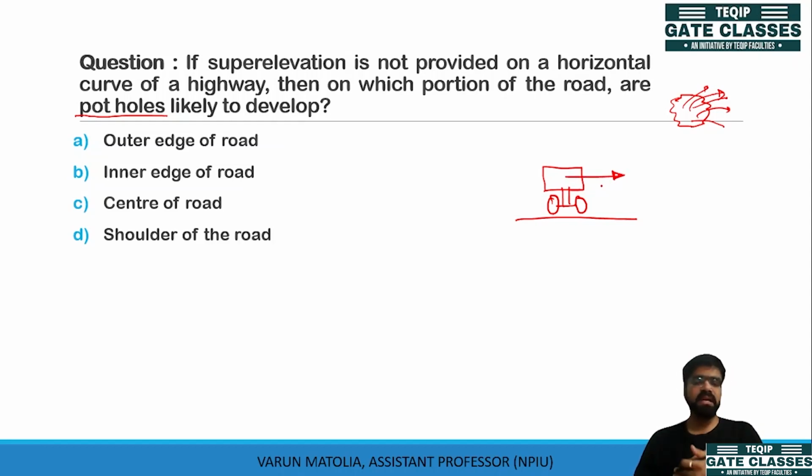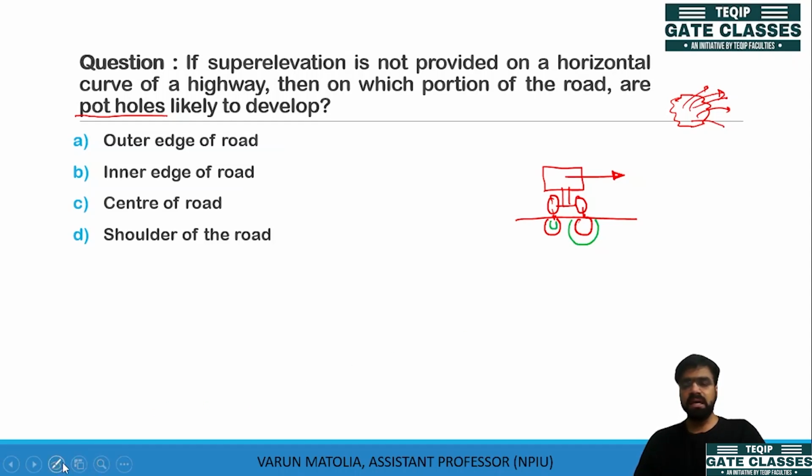As the radius is decreased, this push increases, and this push is known as centrifugal force. When there is no circular curve, the pressure bulb below these tires is of the same pressure. Both the tires are applying the same pressure on the road. But as the radius is introduced, this pressure bulb increases on the outer side, and on the inner side this pressure bulb decreases.